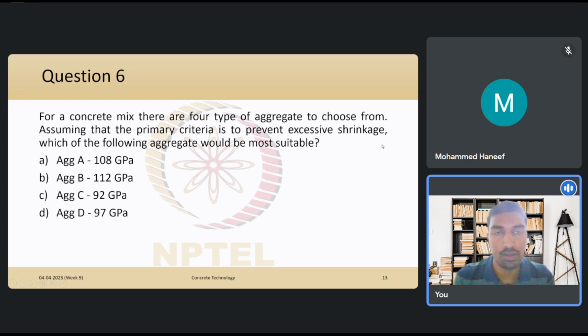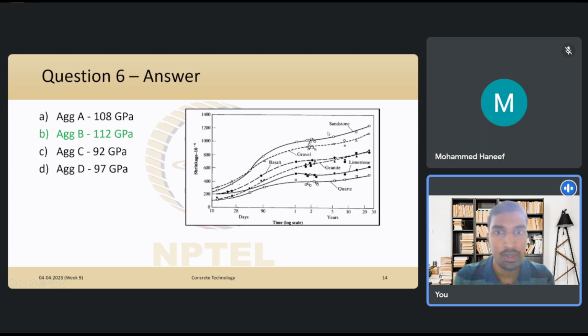When we are talking about preventing shrinkage, we are talking about preventing deformation, right? So how do we resist deformation? As we saw for creep, the same is the effect we are seeing here for shrinkage as well. Here different curves are shown for different types of aggregates.